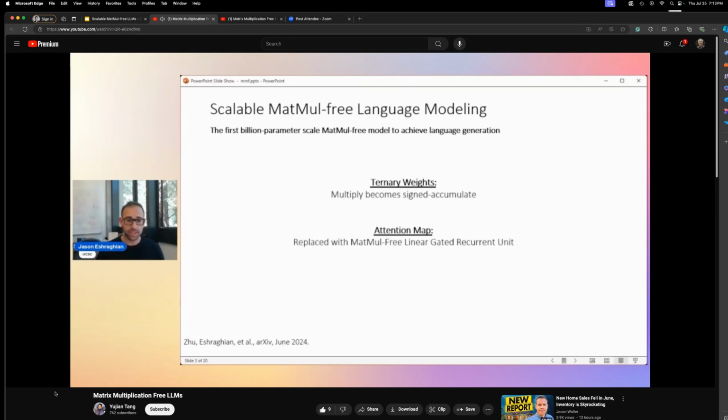So while they're able to do some really good stuff with the amount of high-level memory or DDR access that they might need, there is still a matrix multiplication, and for reasons I'm going to show you in a moment, that requires a significant chunk of low-level memory or caching. So we went ahead and replaced that with some other matrix multiply-free approach. We just replaced it with a linear gated recurrent unit, and things worked pretty well.